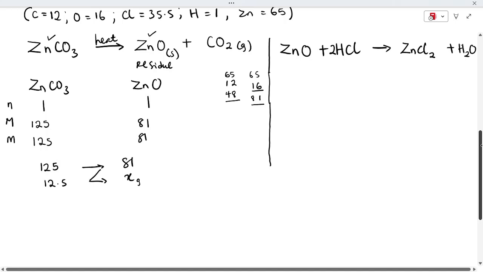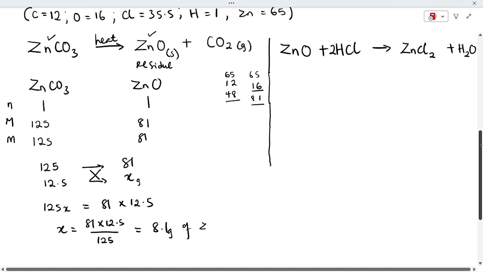So what do we do? Again, simply cross multiply. So you have 125x equals 81 times 12.5. X will therefore equal 81 times 12.5 divided by 125. And when you do this, you have 8.1 grams.